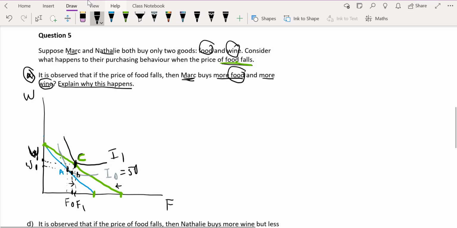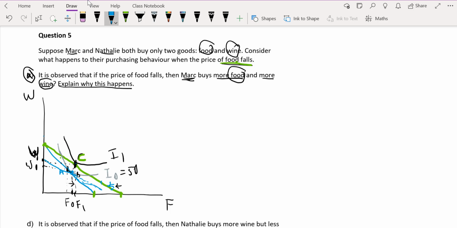So in other words, if I were to draw a new budget constraint here that's tangent to point B, it would look like this, parallel to this one here. So it's a hypothetical case, but as I said earlier, Mark will never be at B. We're just using these assumptions to demonstrate that there is a substitution effect and an income effect.